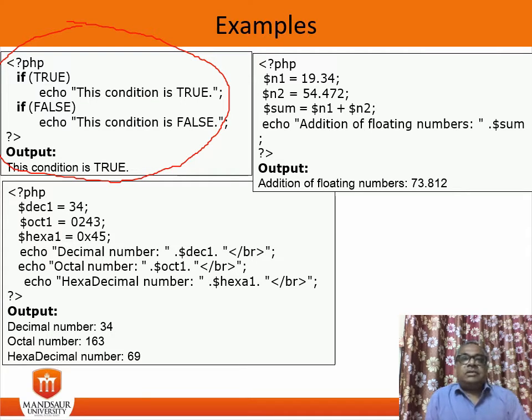It is often used with conditional statements. If the condition is correct, it returns true, otherwise false. Here is the example: if true, echo the condition is true; if false, echo the condition is false. So what will be the output? As true is there, the condition is true. So this is the Boolean type, where we hold only two values, true and false.